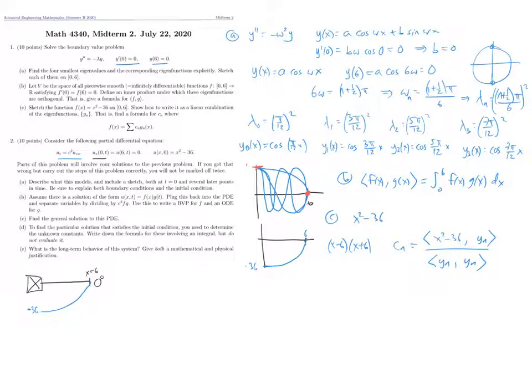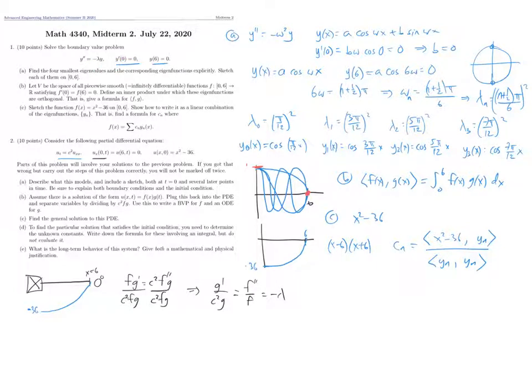And then what's going to happen, well, I'll come back to that. Okay, so next we assume there is a solution f times g. We plug this back in and we separate variables. So we've done this before a lot. So this is f g prime equals c squared fg. So we divide by c squared fg, and what we get is g prime over c squared g equals f double prime over f, and that is equal to some constant, which I'll call negative lambda, to make it match up with this.